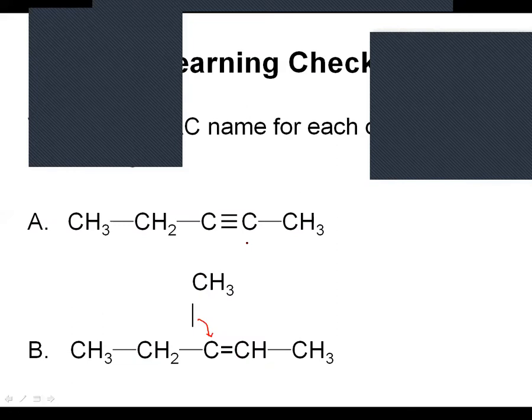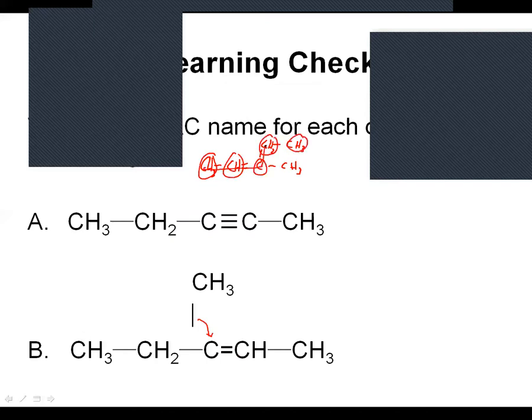I'm not sure I truly understand your question, but in order for it to get the pentene, you would need something like, say, this. If you had something like this, this would be 1, 2, 3, and then you could go up 4 and 5.